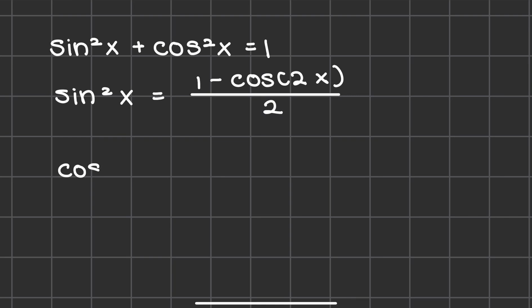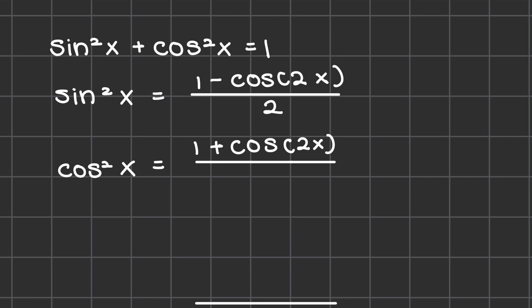You also have to know cosine squared x is equal to 1 plus cosine 2x over 2. Of course, you'll also have to know a lot of other trig functions and trig formulas, but we'll get into that as we're doing problems rather than considering all of them right now.